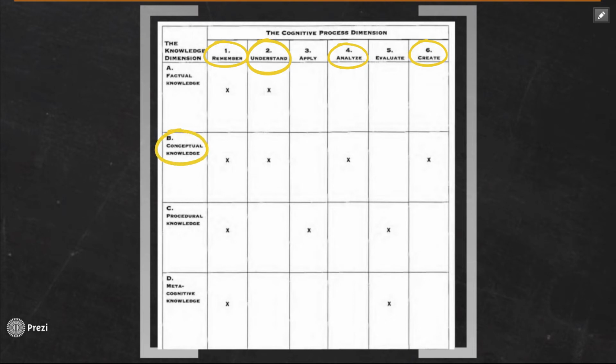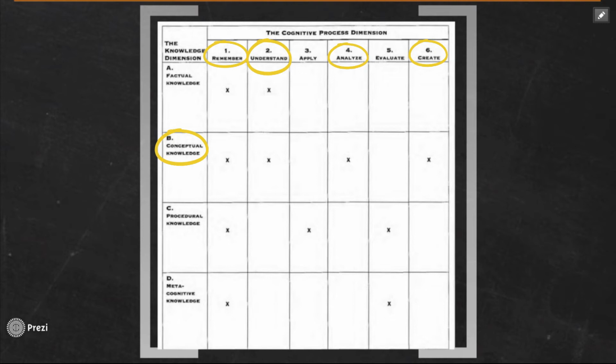They can remember, for example, about the present tense use and then they can understand about the present tense usage and then they can analyze and even they can create a story or a paragraph using present tense.